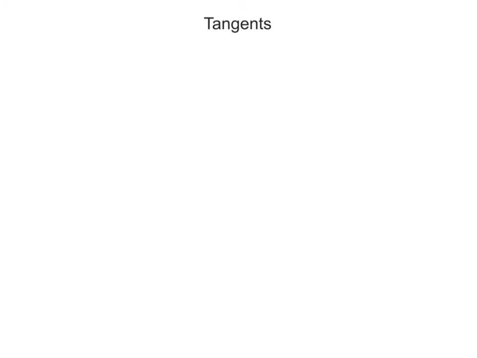Now we are going to talk specifically about tangents and the properties of tangents and some theorems and corollaries that relate to tangents. Remember, a tangent is a line that just touches a circle in one and only one spot.